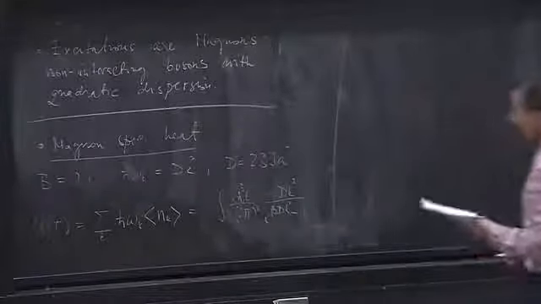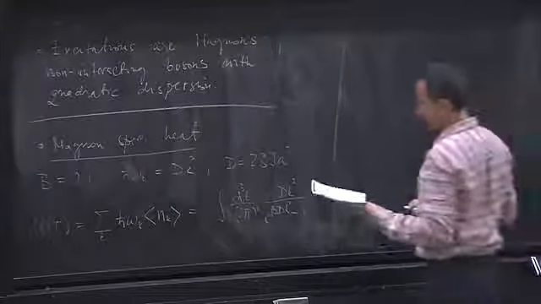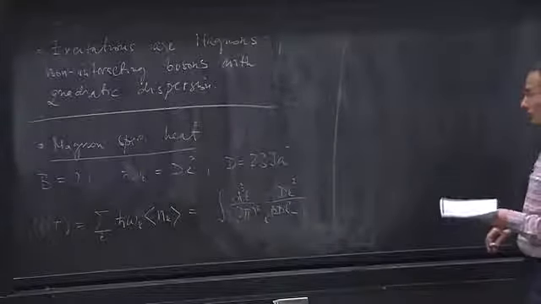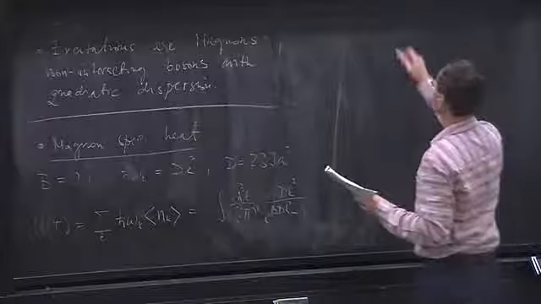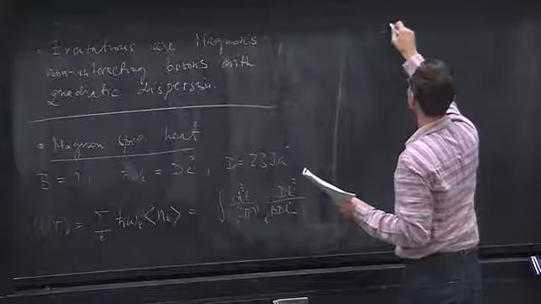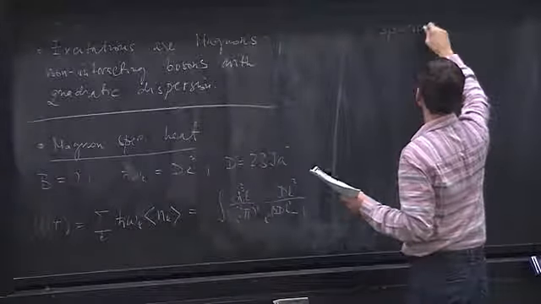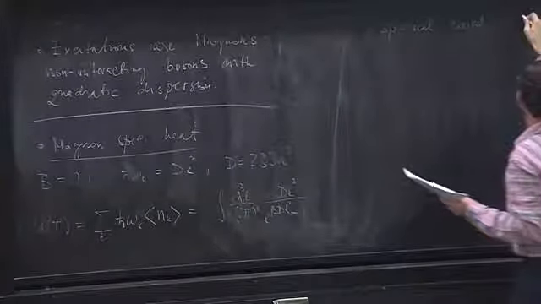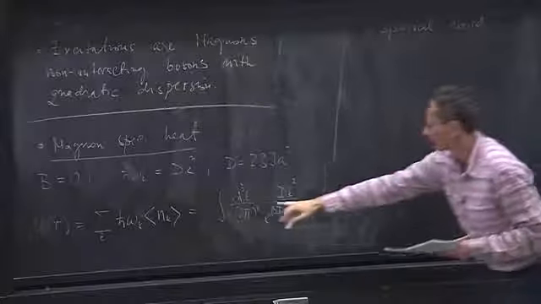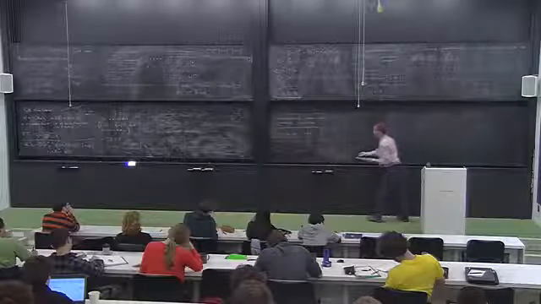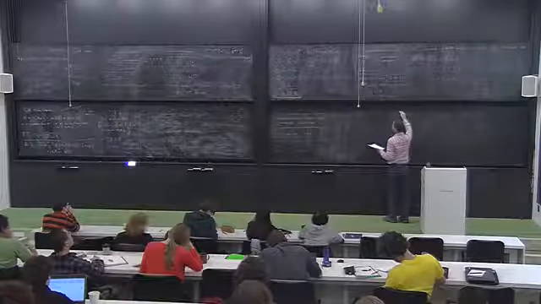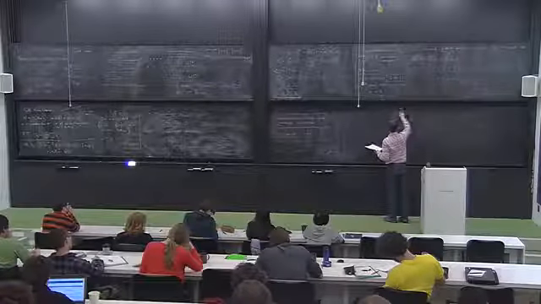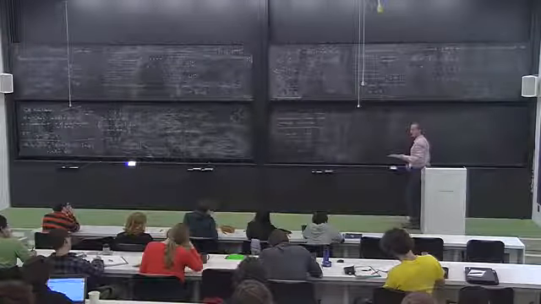And the way to calculate these integrals, as usual, is to go to spherical coordinates and then do a substitution, where I define as x this term in the exponential, beta D k squared.